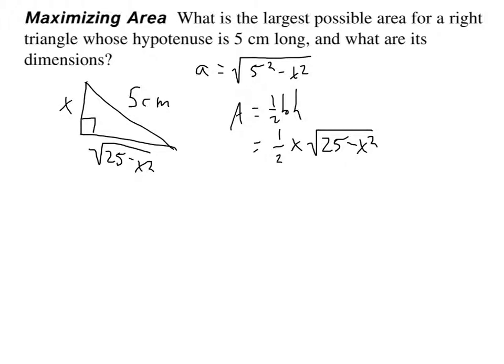Well, I've learned that the best way to maximize a function is to take the derivative of it, set it equal to 0, and that will give me my minimums and maximums. So let's give that a shot. So if I want to find A prime, it's equal to 1 first times the derivative of the second, so that would be 1/2 times, leave the inside alone.